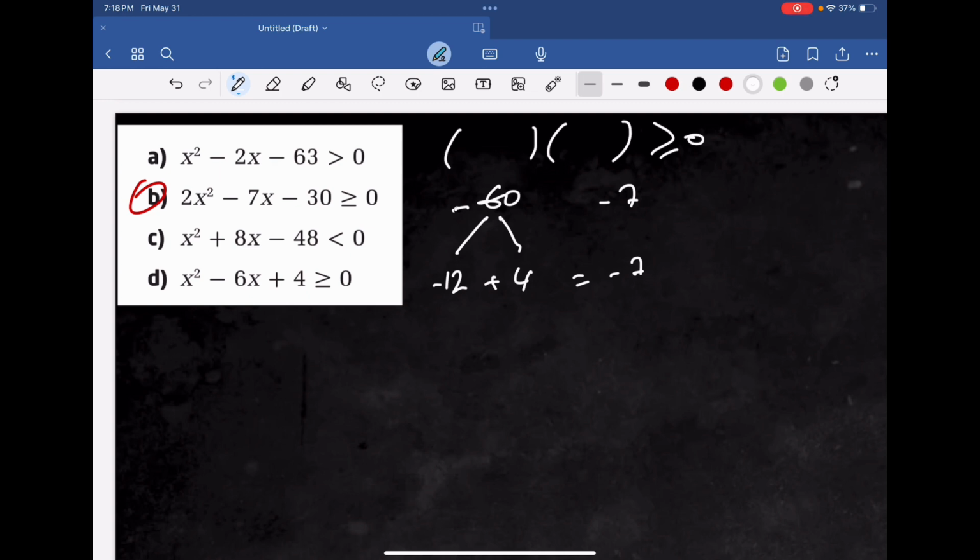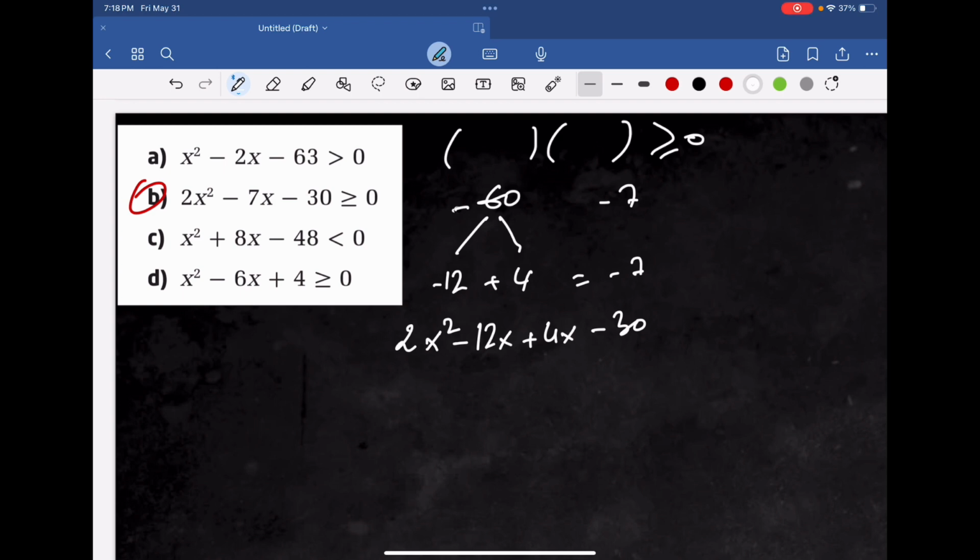Minus 12 times 5 is minus 60, and minus 12 plus 5 is minus 7. So my equation will be written as 2x squared minus 12x plus 5x minus 30.